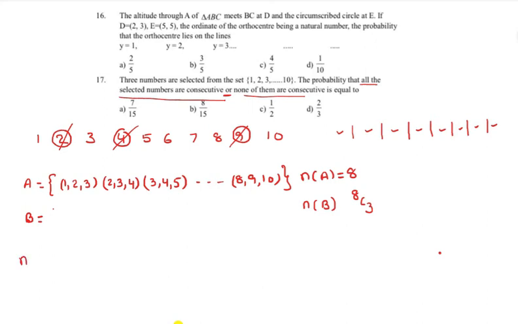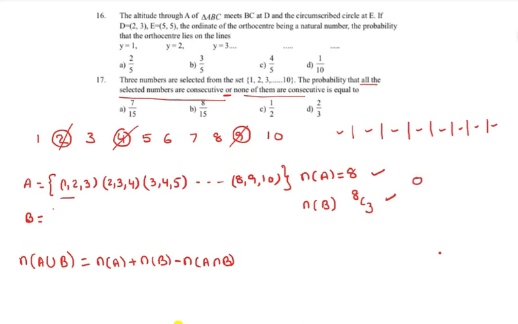But now we have to find the number of elements in A union B. The number of elements in A union B is the number of elements in A plus the number of elements in B minus the number of elements in A intersection B. Whether you observed or not, in A intersection B nothing is there.